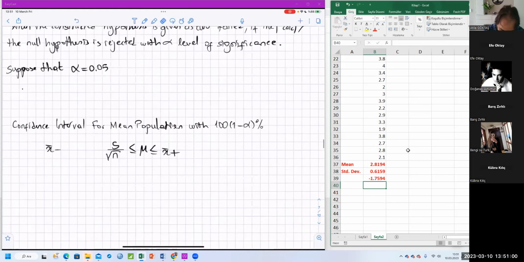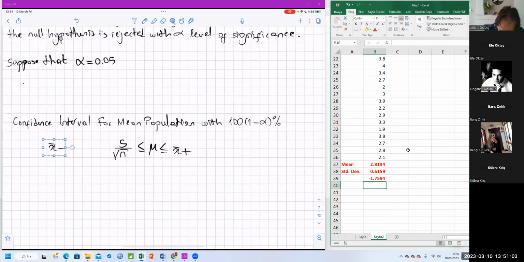Okay, modify this. This is t n minus 1, alpha divided by 2, times S divided by the square root of n.